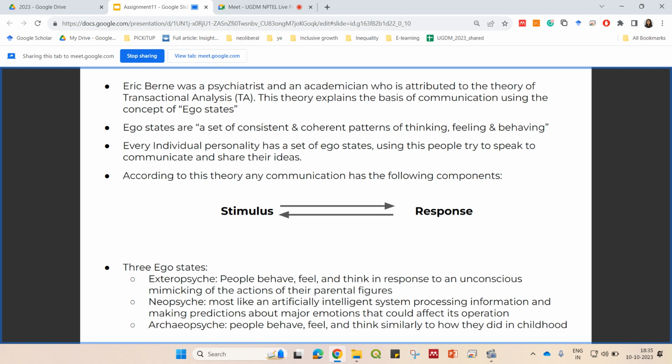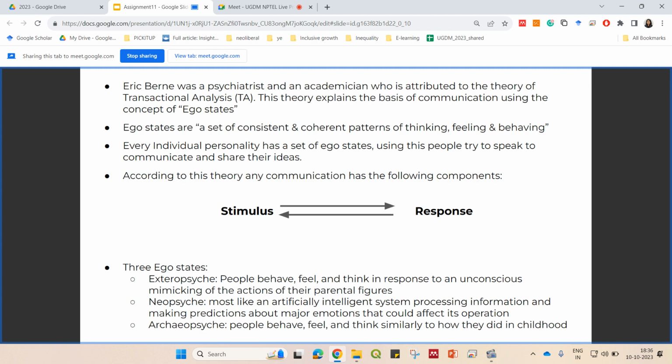The last is archaeopsyche. This refers to when people behave, feel, and think similarly to how they did in childhood. So this doesn't involve thinking about learned values or principles from someone. This doesn't involve taking information from your surroundings and processing and changing your behavior according to that.